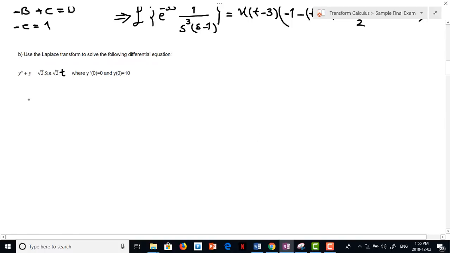So we have to take the Laplace transform of the right and left hand side of the equation. So we have the Laplace transform of y double prime plus the Laplace transform of y, equal to the Laplace transform of root 2 sine root 2 t.